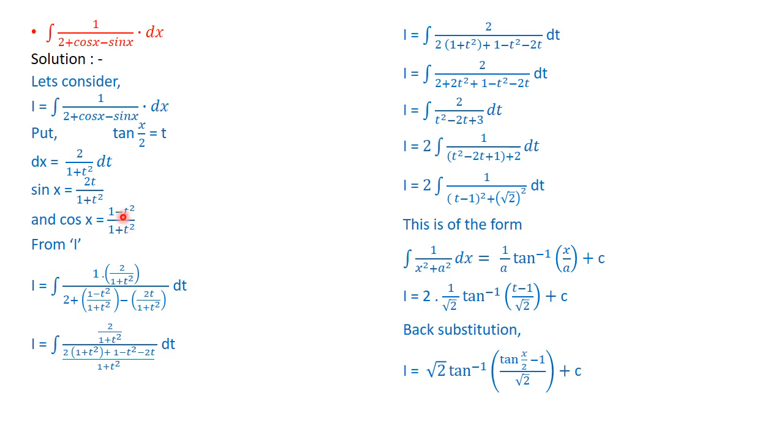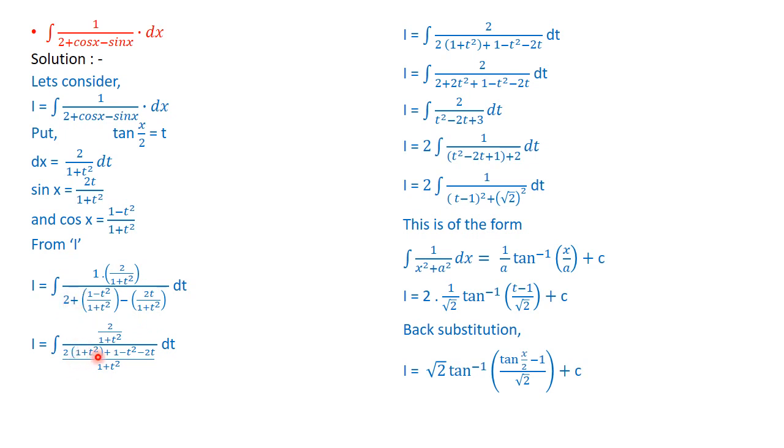Therefore, after substitution, what does I become? dx is equal to 2 by 1 plus t square dt, over 2 plus cos x, 1 minus t square by 1 plus t square, minus sin x, 2t by 1 plus t square. Now here I is equal to, these two terms have the same denominator, but for the 2, multiply and divide by 1 plus t square.